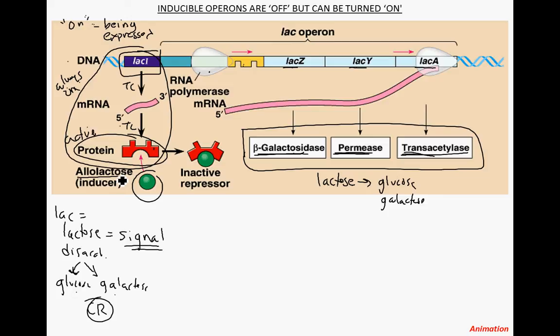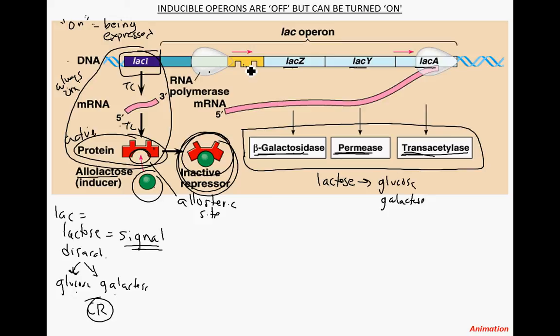Now, this allolactose, when it's present, will bind to this part, and again, this is the allosteric site. When allolactose binds to the allosteric site of this repressor protein, it turns that repressor protein into an inactive repressor. So this inactive repressor now cannot bind to the operator up here.